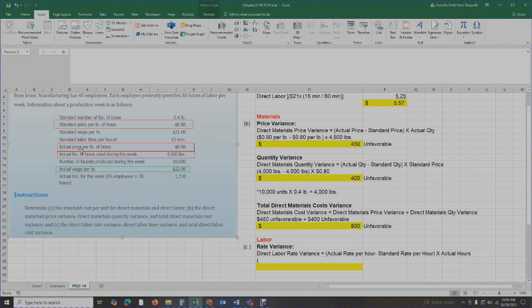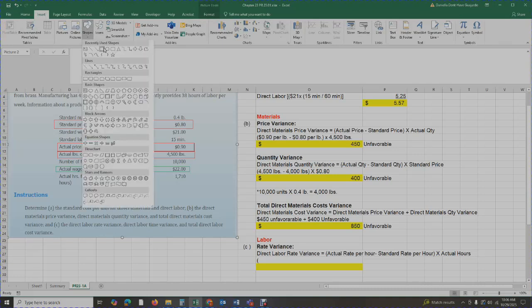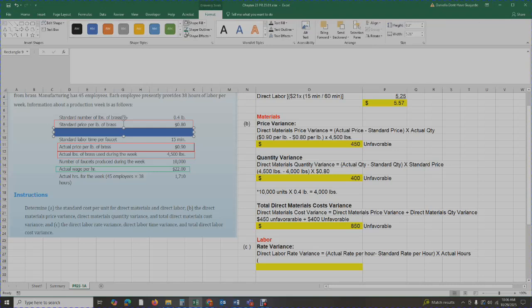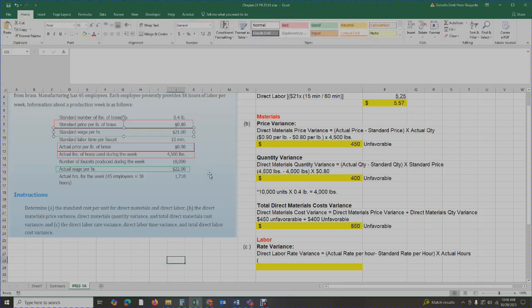If we look at the data, the standard rate that we had calculated was $21. So why did we end up paying our employees $1 more? That's a million-dollar question. I don't know. So my actual rate came in at $22 per hour, and my standard rate was $21 an hour.